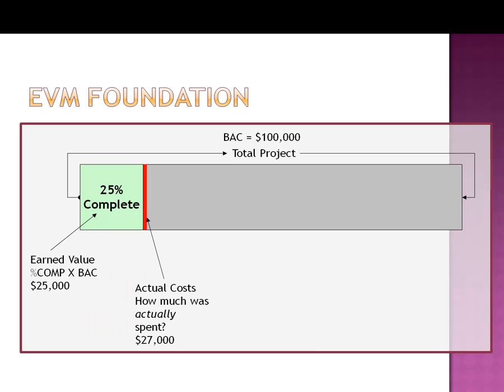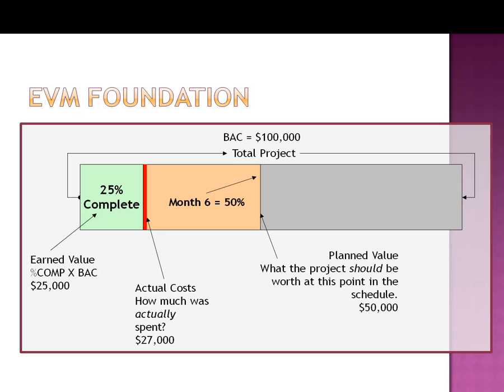Now, if that project spent $27,000 to reach that point, the actual cost would be $27,000. If we said this project were to be 50% done by today, month 6 in the project, we would say the planned value should be $50,000. So those are the fundamentals of earned value management.